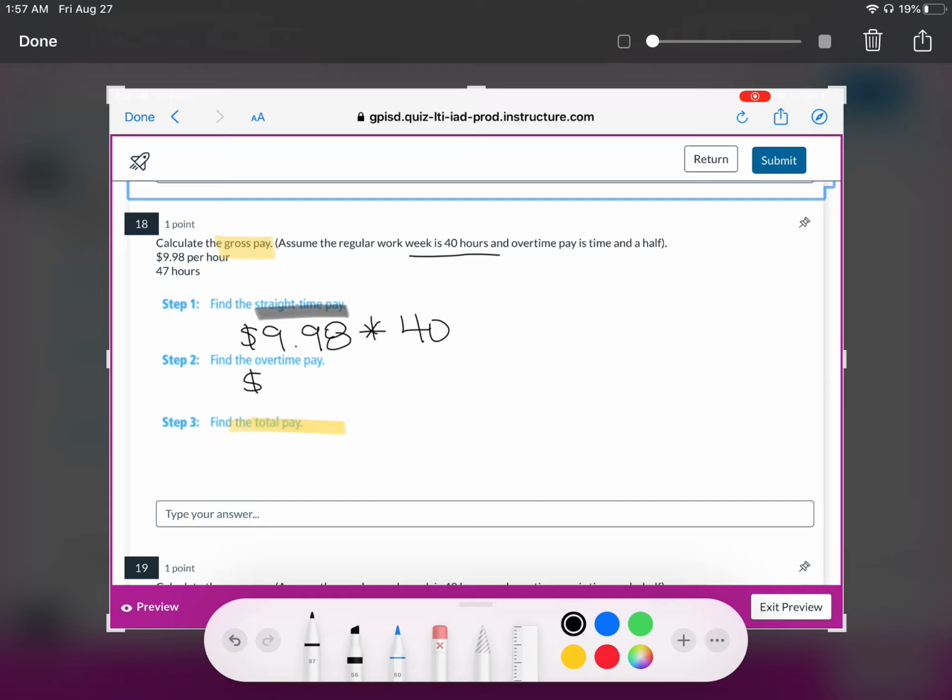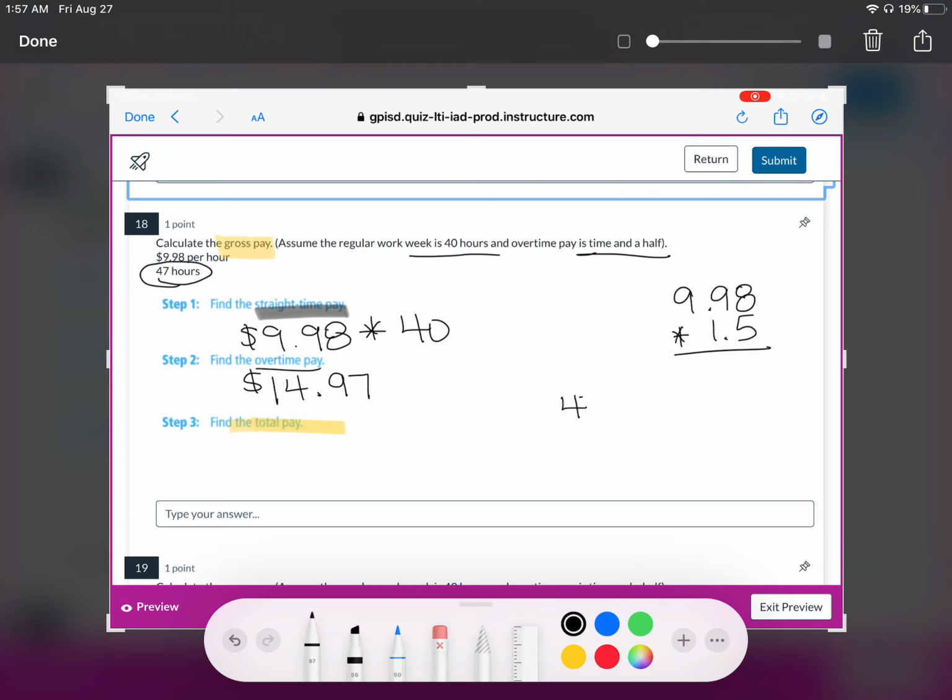Next, this person gets overtime. Well, the first thing I got to do to figure out overtime is figure out what their rate is. Overtime is time and a half, so you're going to multiply their pay times 1.5. This person gets $14.97 for overtime. And it tells us they're working 47 hours.